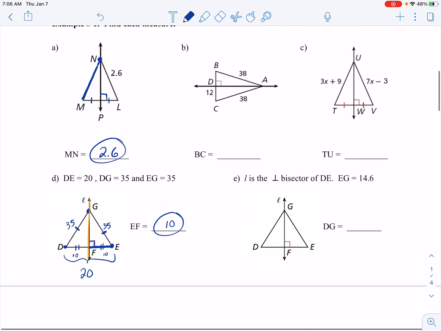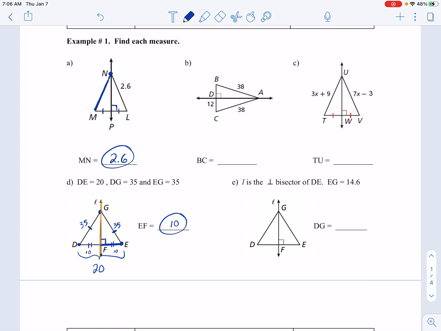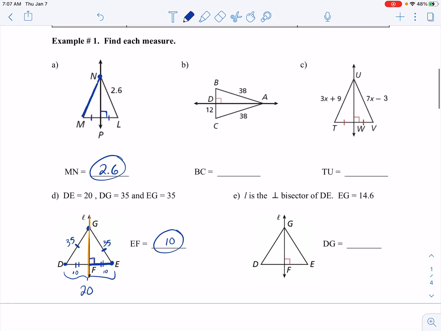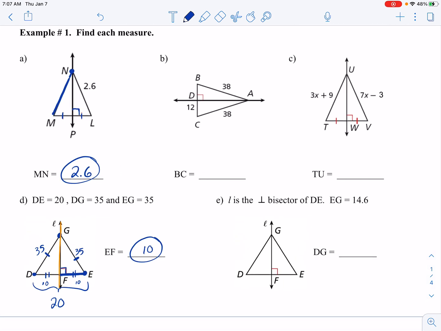All right, go ahead and try B, C, and E on your own, one at a time here. For B, we're trying to find the length of BC. Again, A is the same distance to the two endpoints on that segment, so that means AD is a perpendicular bisector. So these two segments would be 12 and 12, which gets you a length of 24 for BC.